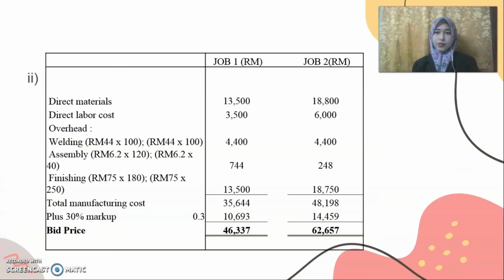And for the second one, we do the same thing, but they are different in the overhead and also the markup. And then for the last answer for the bid price for job 1, we get 46,337, and for job 2, 62,657. And then we get the last answer for all the questions.